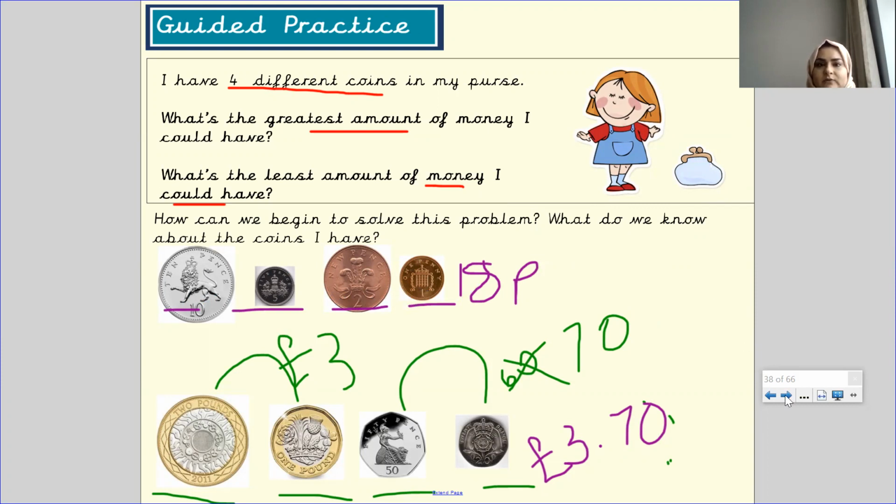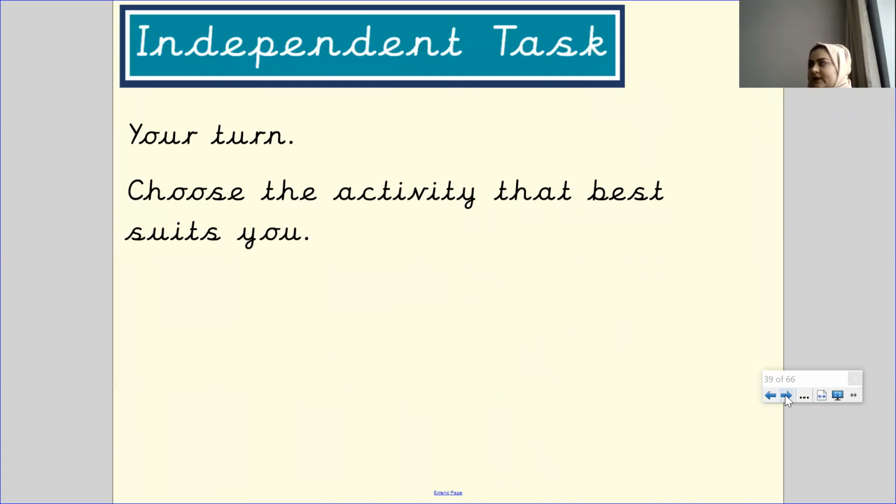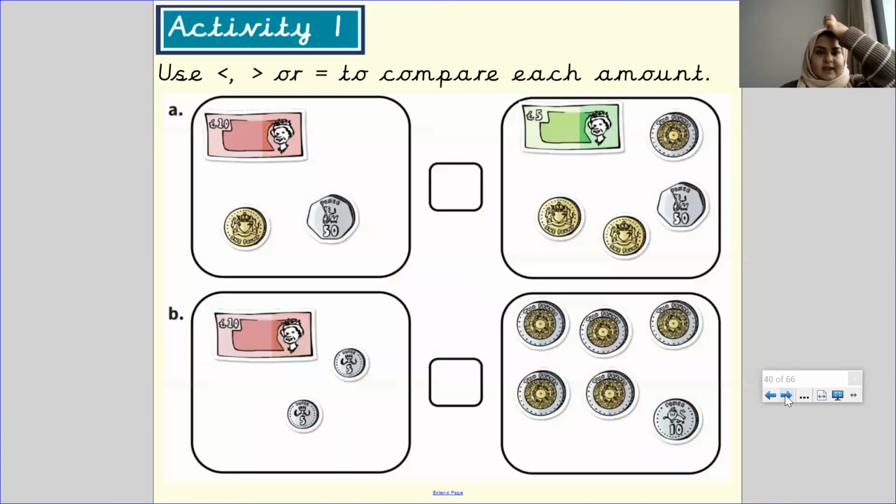Okay, now it's time for your independent task. So for your turn, you need to choose the activity that best suits you. Okay, so activity 1 here, you need to use the less than, greater than or equal to sign to compare each amount.